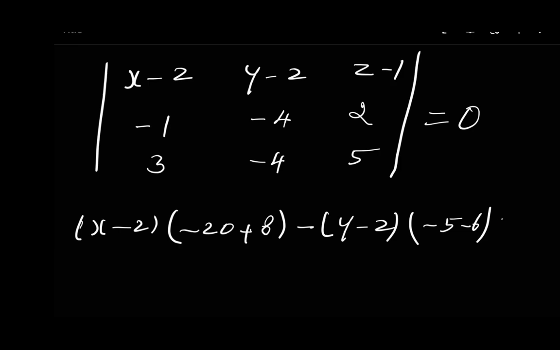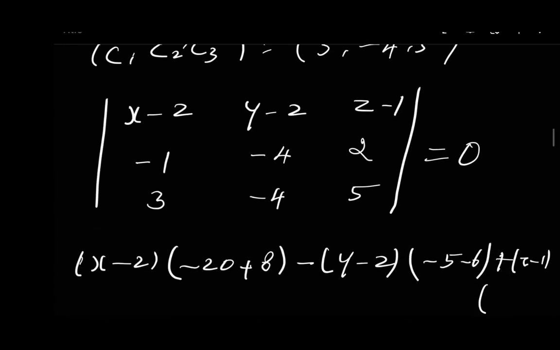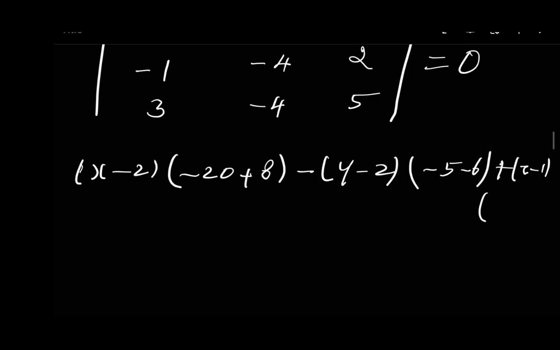And then plus z minus 1 into minus 4 plus 4 minus 12, which is plus 12. Plus 12 is equal to 0.